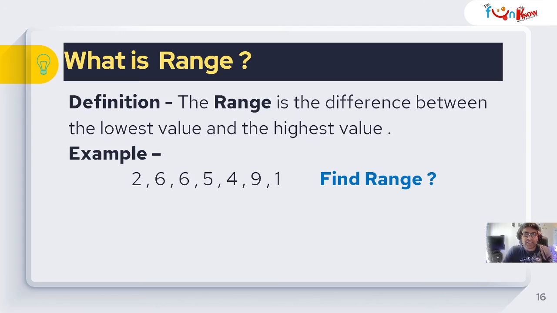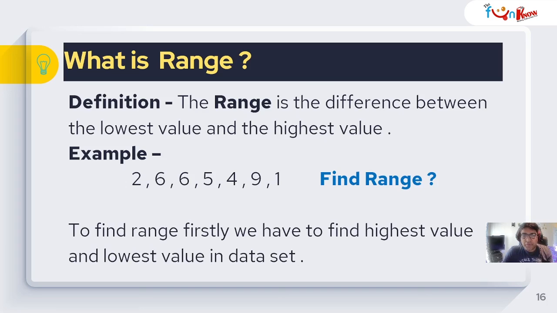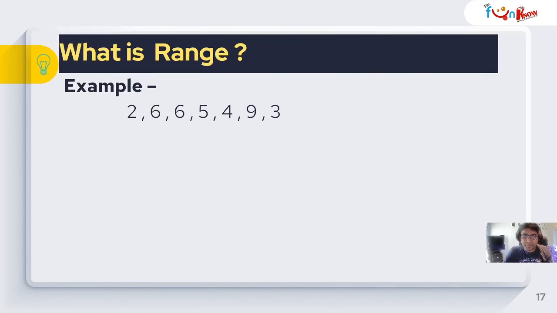Okay, so let's take an example. Let's say we have data 2, 6, 6, 5, 4, 9, 1. In order to find the range, what do we need to find? We need to find the highest value and the lowest value. So look at this. 1 is definitely the lowest number because all other numbers are bigger. Now similarly, we'll find the highest number.